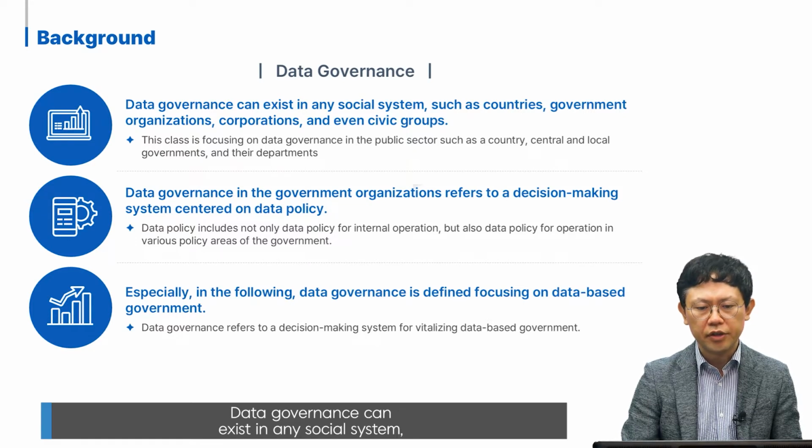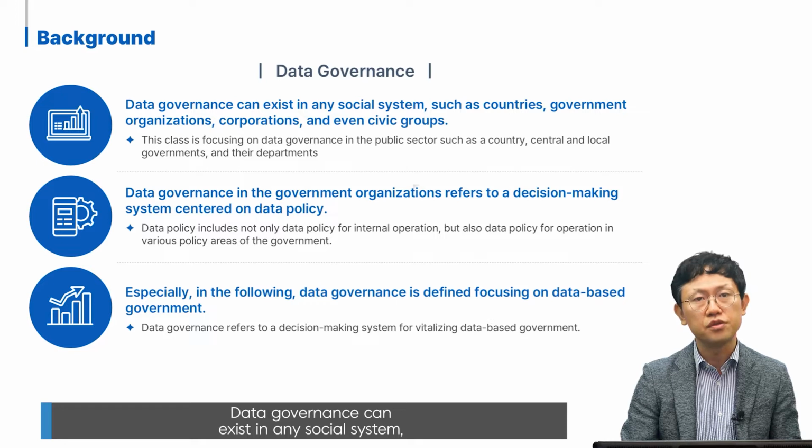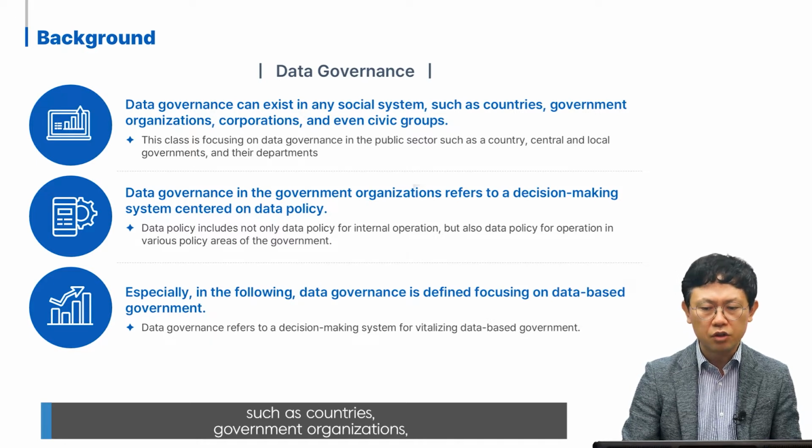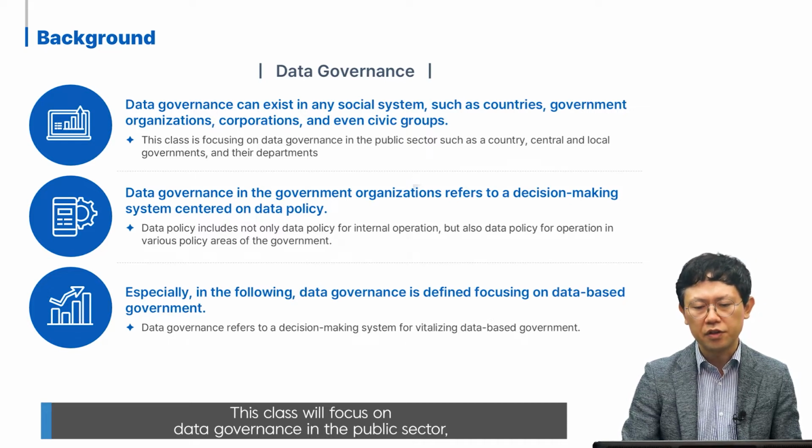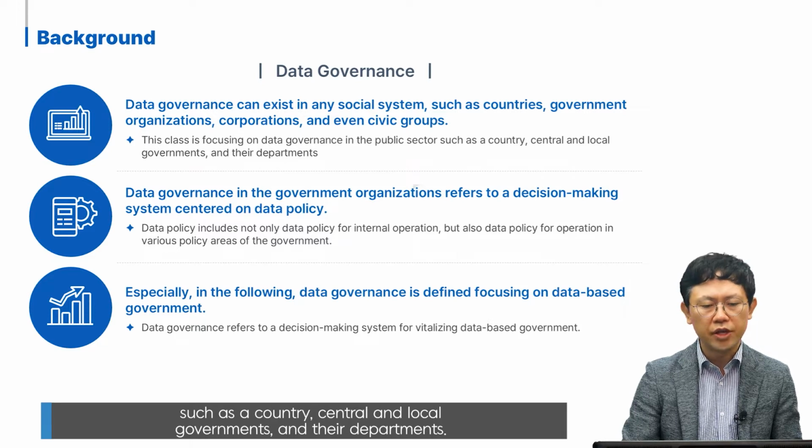Data governance can exist in any social system, such as countries, government organizations, corporations, and even civic groups. This class is focusing on data governance in the public sector, such as the country, central and local governments, and their departments.